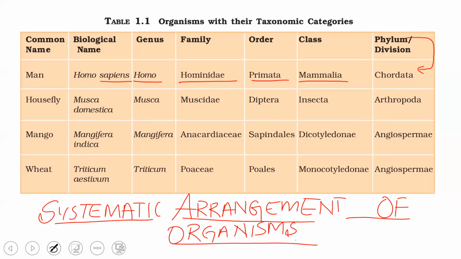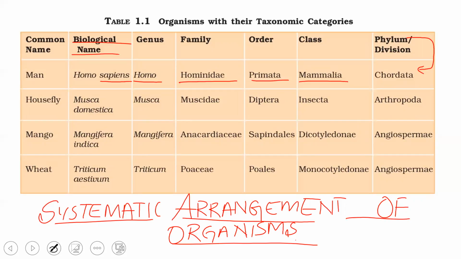So the overall scientific name for man is Homo sapiens. Since it is printed, it has to be in italics, and while writing you need to underline it separately.